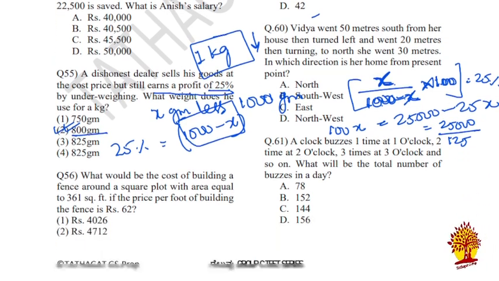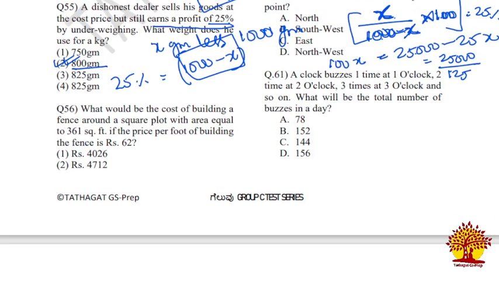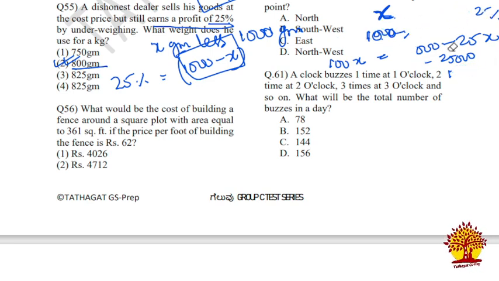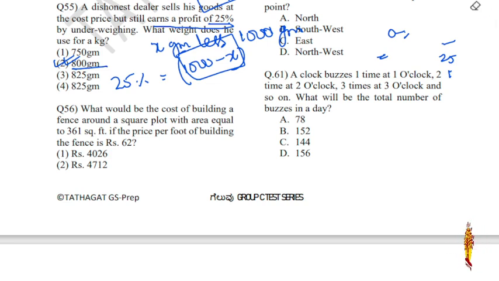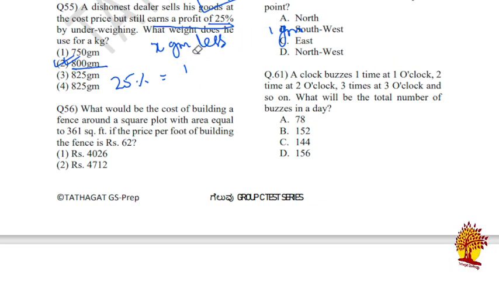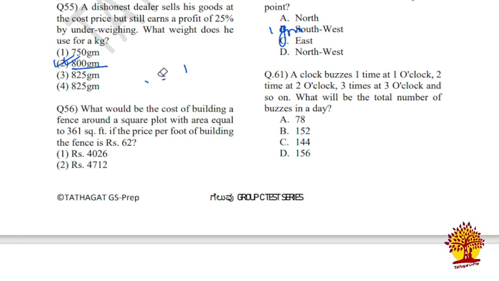Next, 56th question. What is the cost of building a fence for a plot with an area of 361 square feet? It is a square plot.